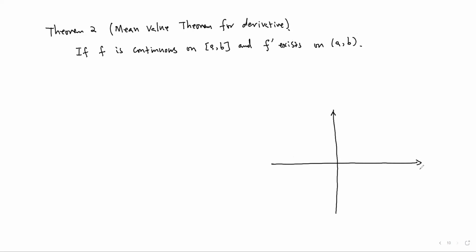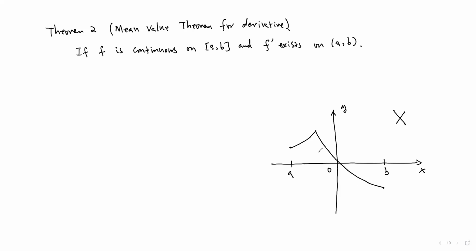This is the X, O, Y axes, with interval AB here. The graph is continuous, derivative exists. Not this graph, because this graph has a corner, and at a corner the derivative doesn't exist. So not this graph. This graph is not smooth. It has a corner.